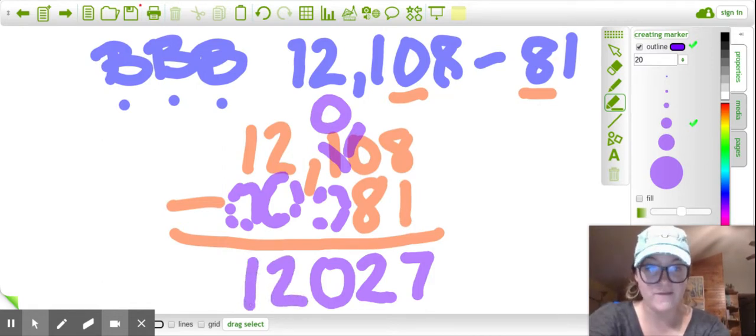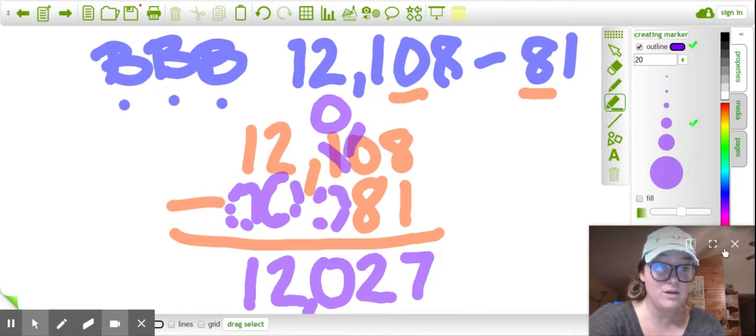All right, we're to my favorite part. 1, 2, 3. Cha-cha-cha. Add that comma to separate your hundreds and your thousands. So our answer is 12,027.